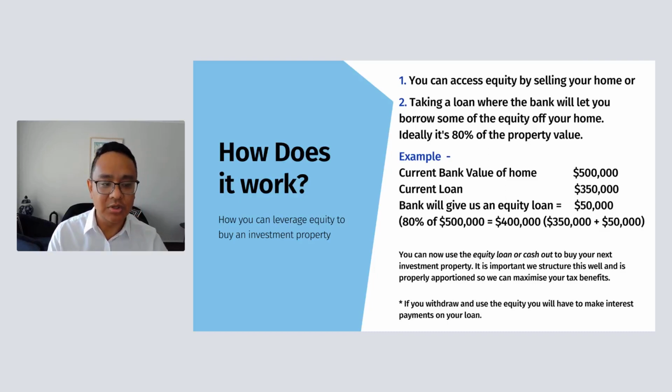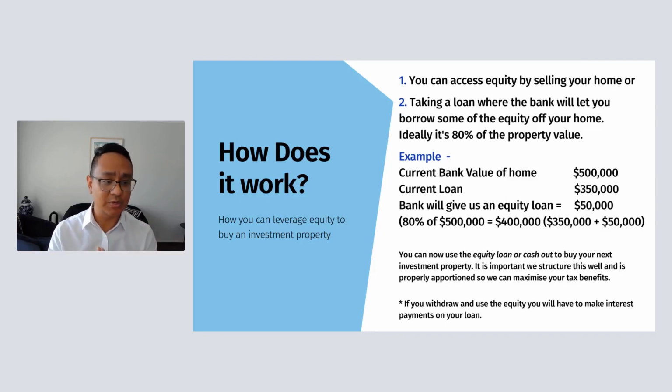So if you have a loan of $350,000 already, and you subtract that from $400,000, that is where you get the extra $50,000 as equity. So your new loan becomes $400,000, and you've got $50,000 in equity, which you can go and buy another investment property with. This is just a very basic example.